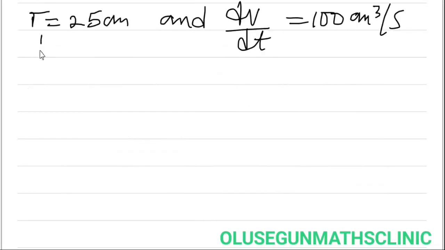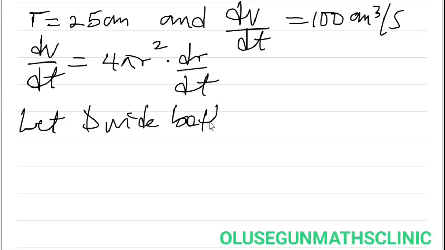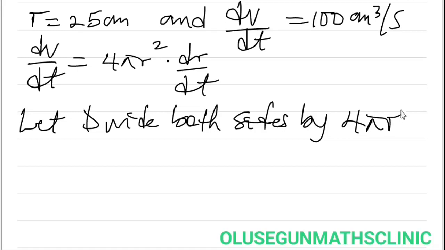Remember that dV/dt is equal to 4πr² dr/dt. So let's divide both sides by 4πr².